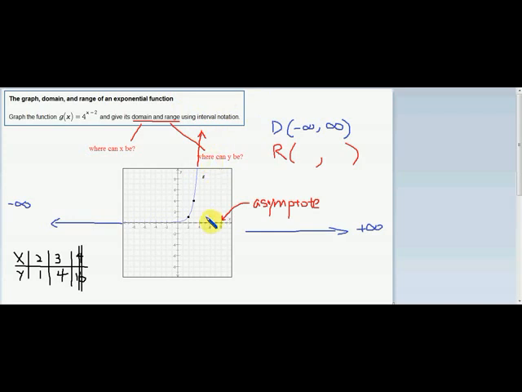No, because this line can keep on going if x keeps on going this way. As x goes to the right, our y will just keep on going. So the range is also positive infinity. For the range, the upper boundary is also positive infinity.